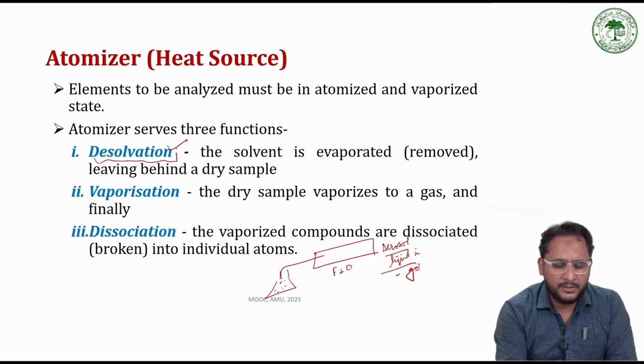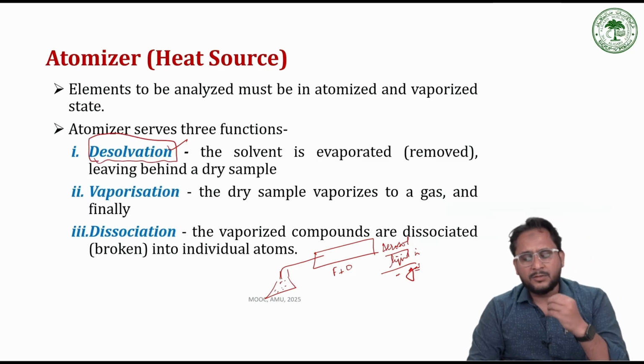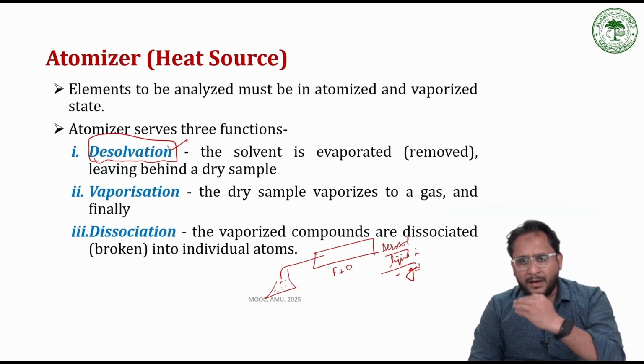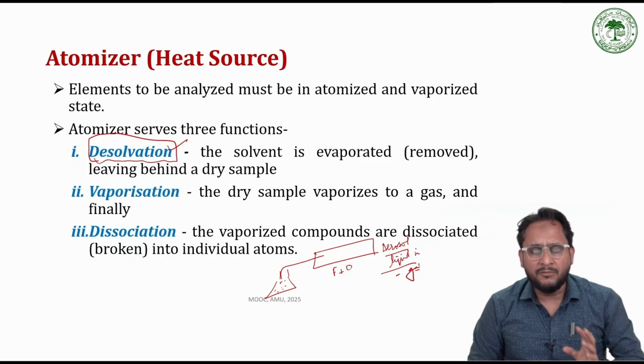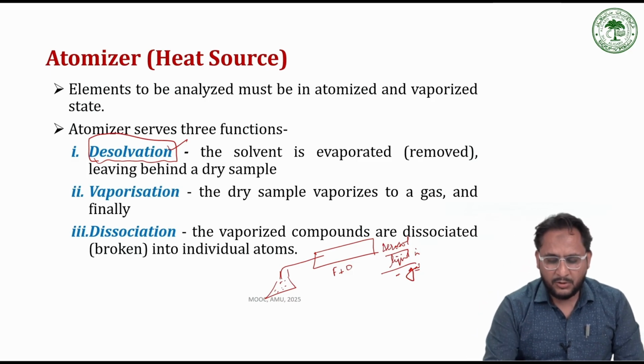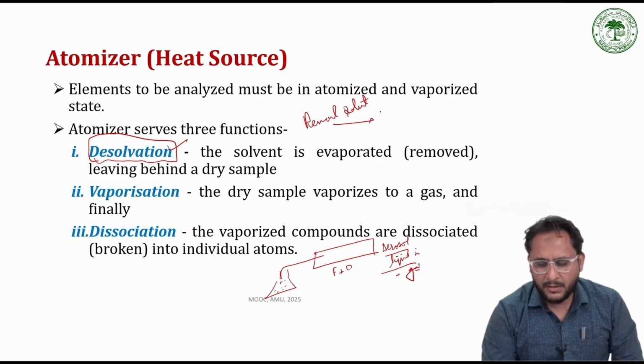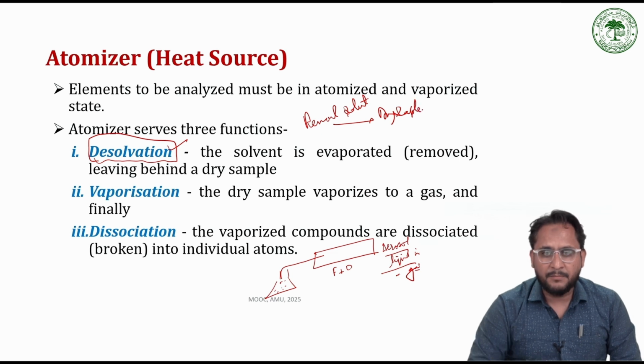and therefore the step is called desolvation. In this step, the solvent is evaporated, it is removed, and a dry sample is immediately formed. So the first job is to remove the solvent. Now we get a dry sample.